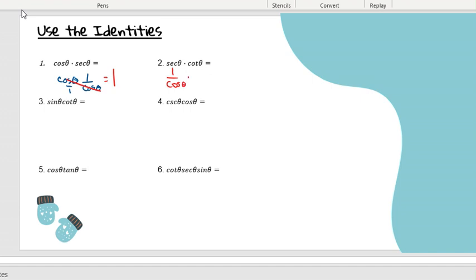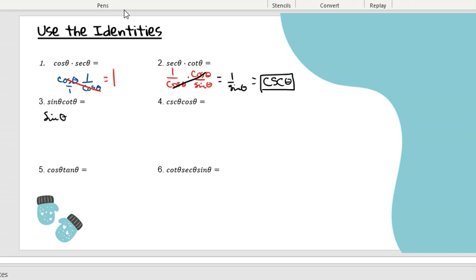Cotangent is cosine over sine. And cosines cancel, leaving 1 over sine theta. And 1 over sine is cosecant. I have to have a final answer, and that's it.